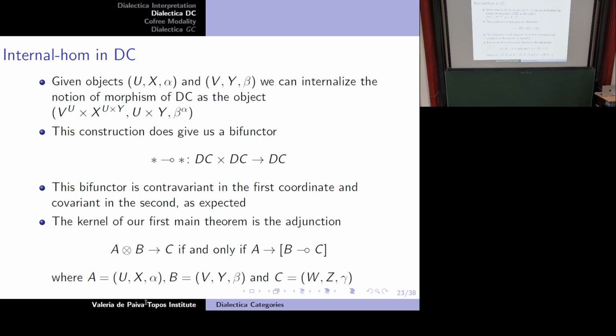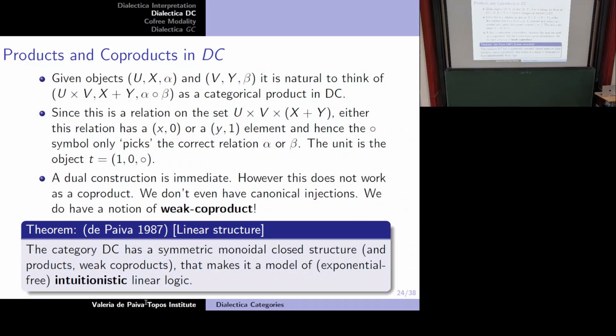And then we prove the most important thing, which is I always say to my logician friends that this is just what modus ponens is about, right? Because it's A and B proves C, if and only if A proves that B implies C. So it's the adjunction. And then the rest is okay.